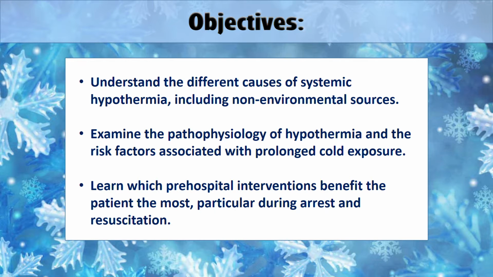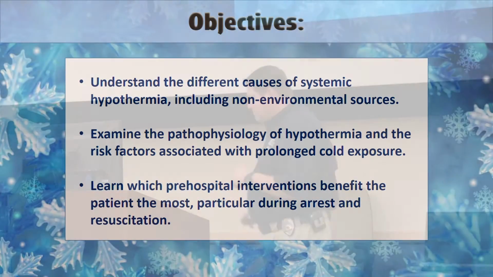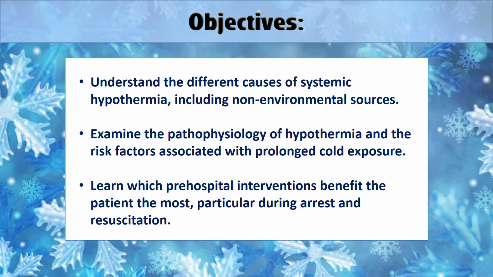We also want to examine the pathophysiology behind hypothermia, what's causing it, and what the risk factors are, especially with prolonged cold exposure. We do have a large homeless population, and turning into this time of year, we had several deaths associated with hypothermia last year. So we want to make sure we're covering those things, and we're going to look at our pre-hospital interventions, what we need to do during arrest, and how to take care of these people properly.